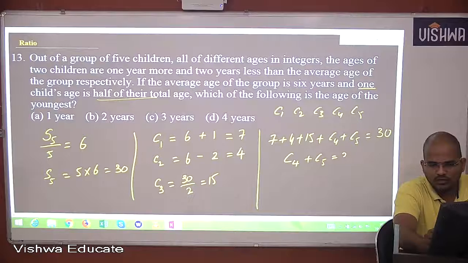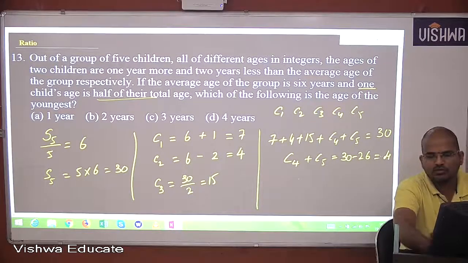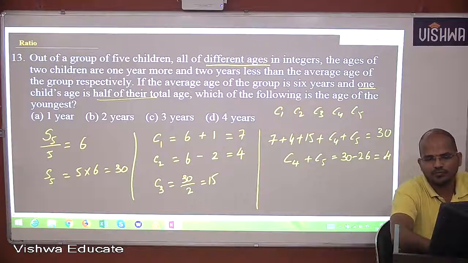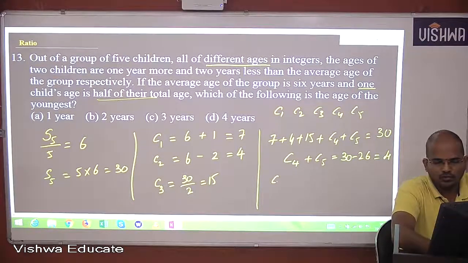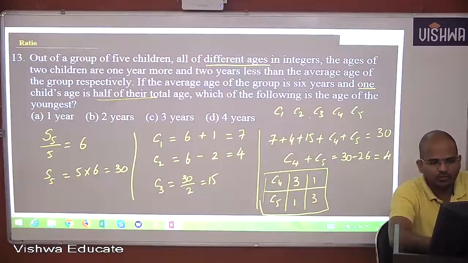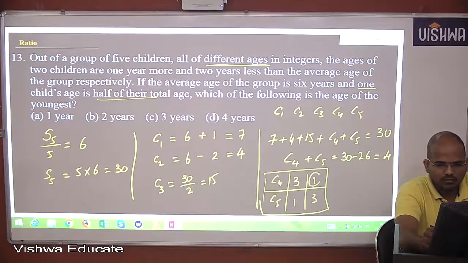So it is 30 minus 26, that would be 4 years. Now he says all of different ages. So C4, C5: if C4 is 3, C5 is 1. Or if C4 is 1, C5 is 3. So the age of the youngest will be how much? 1 year.